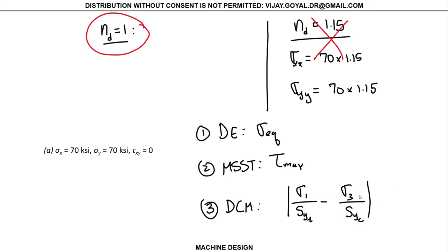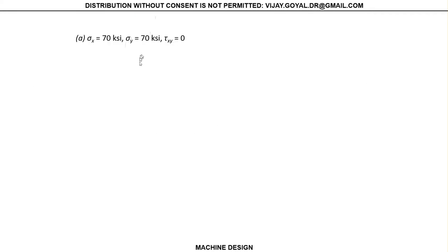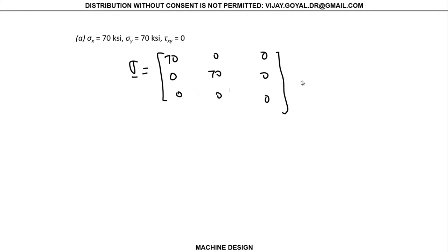The very first thing that we do in this problem is we're going to convert this and write the state of stress for this. The state of stress is 70, 0, 0, 0, 70, 0, 0, 0, 0. From here, we need to find what sigma 1 is, sigma 2, sigma 3, and tau maximum. And note that this was 0 and everything else is 0. So there are a couple of things we can say. This is a state of plane stress.